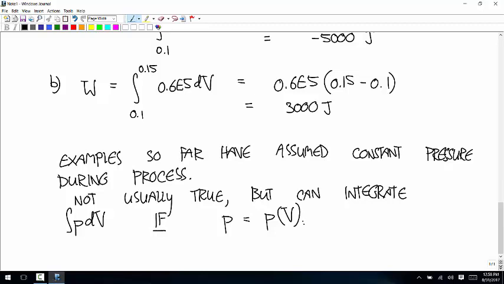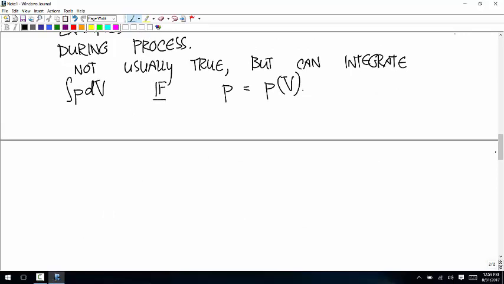So how would you know the pressure is a function of volume? Well, a lot of times if a gas is in equilibrium, some modified version of the ideal gas law can give you a relationship between those. So you often can do this.